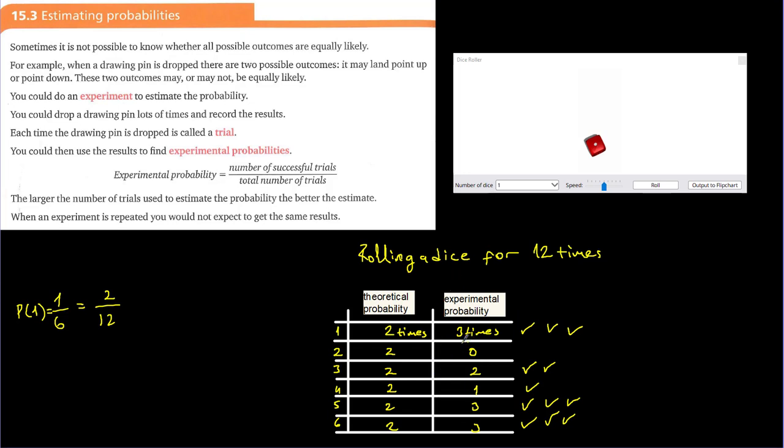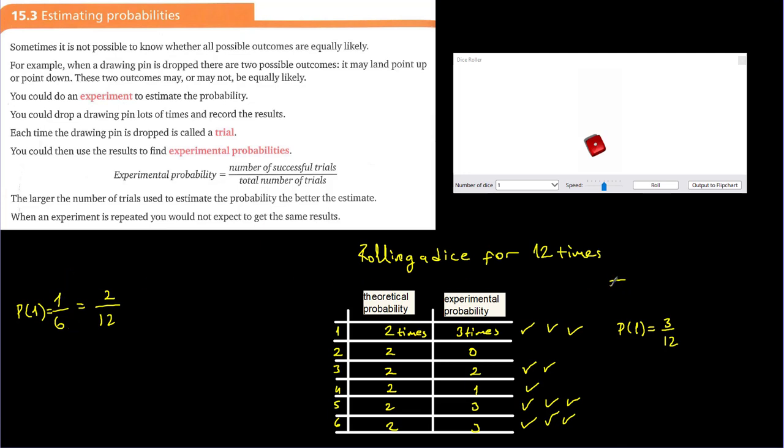And here we can say that the probability of 1 is equal to 3 over 12. Pardon, this is the experimental.